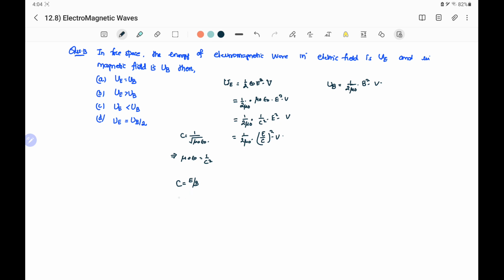So we can write that E by C is equal to B. So UE becomes 1 by 2 mu naught into B square into V. So this is the formula of UB. So we can say that UE will be equal to UB. So option A is the correct option.